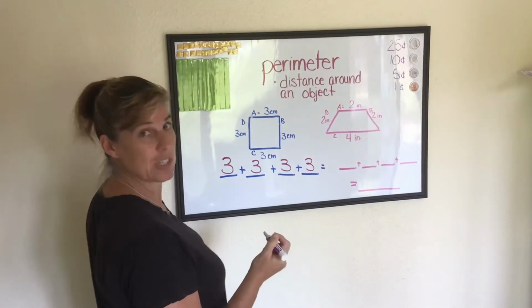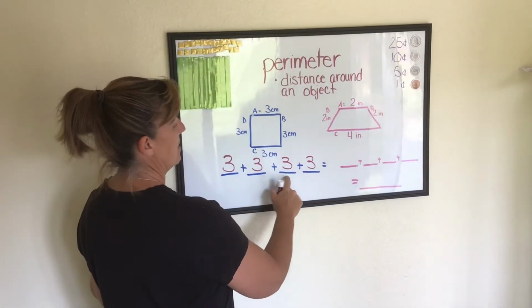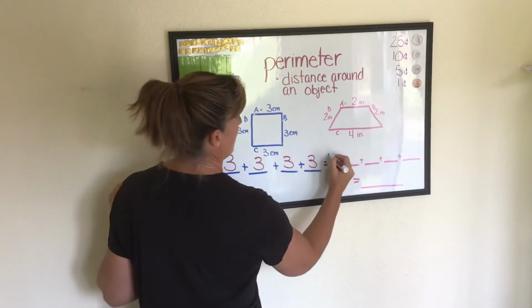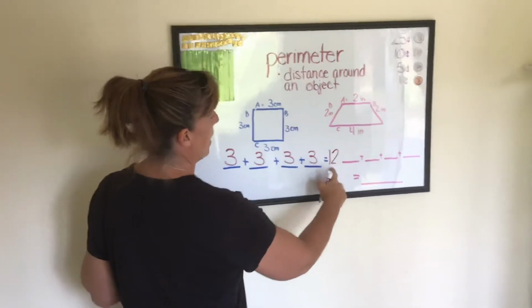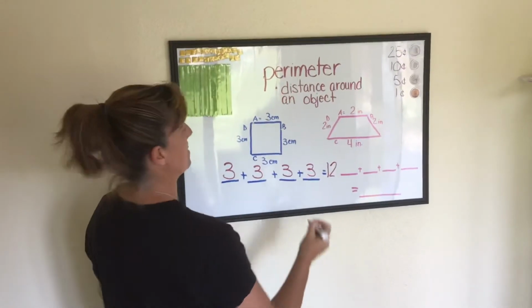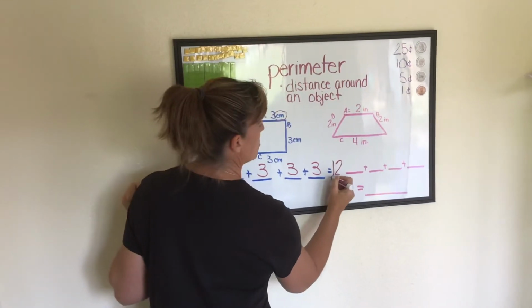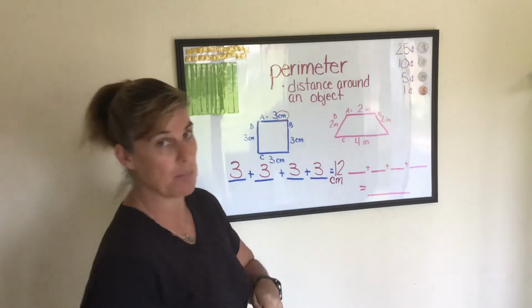And you guys are experts at counting by threes. 3, 6, 9, 12. And you guys can continue the song in your head. Okay? So the perimeter would be 12, but not just 12, because it's asking us to show the distance. So it would be 12 centimeters you would need to label.